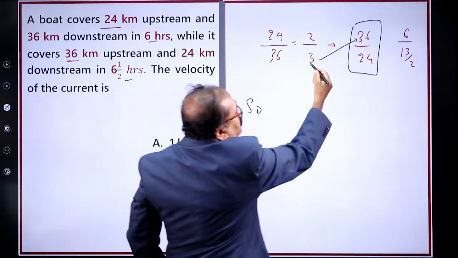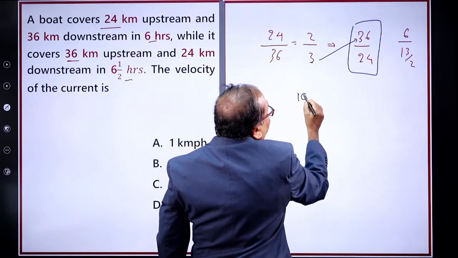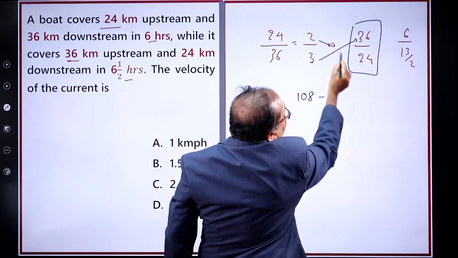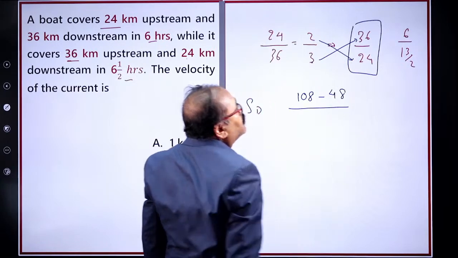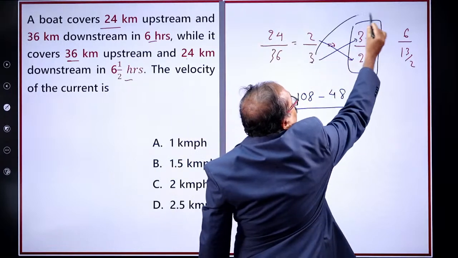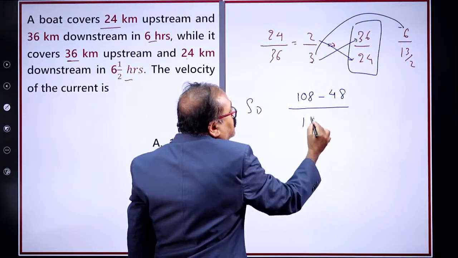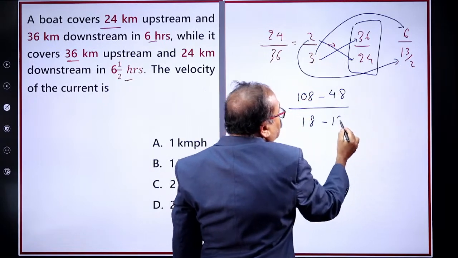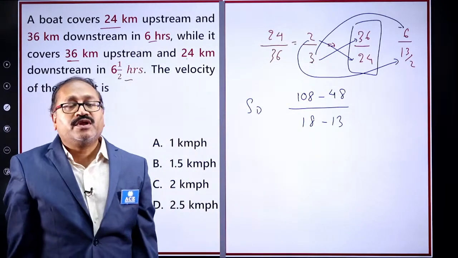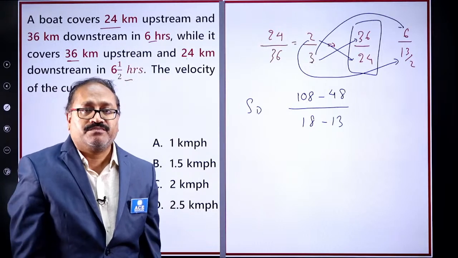So the speed of downstream is equal to 108 minus 48, multiply this part over here, divided by, multiply this, 3 into 6, that is 18, minus, multiply this over here, that is 13. You are getting the speed of downstream.